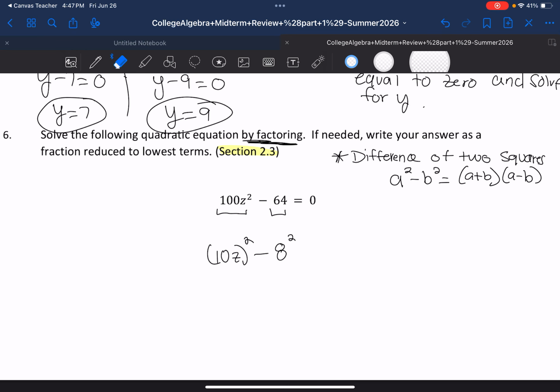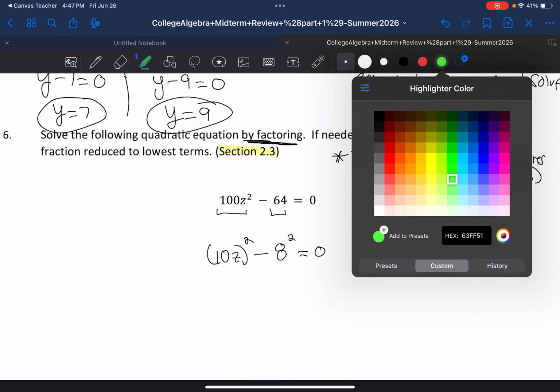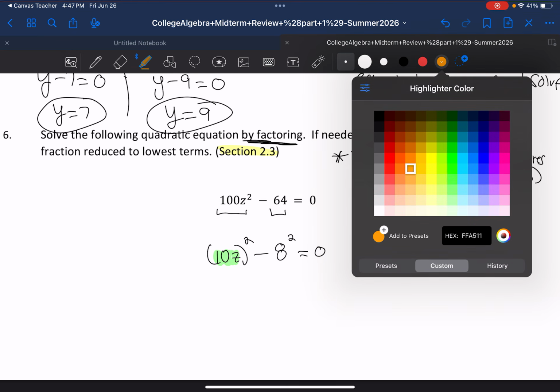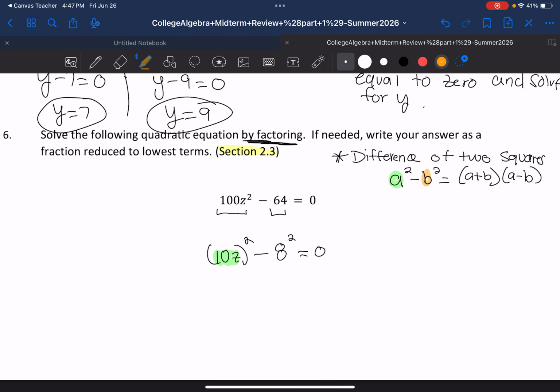So now comparing that, let me bring down my equal 0 so I don't forget that this is an equation I'm trying to solve. The a is whatever's being squared in the first term, which is 10z. And the b is whatever's being squared in the second term, which is 8.